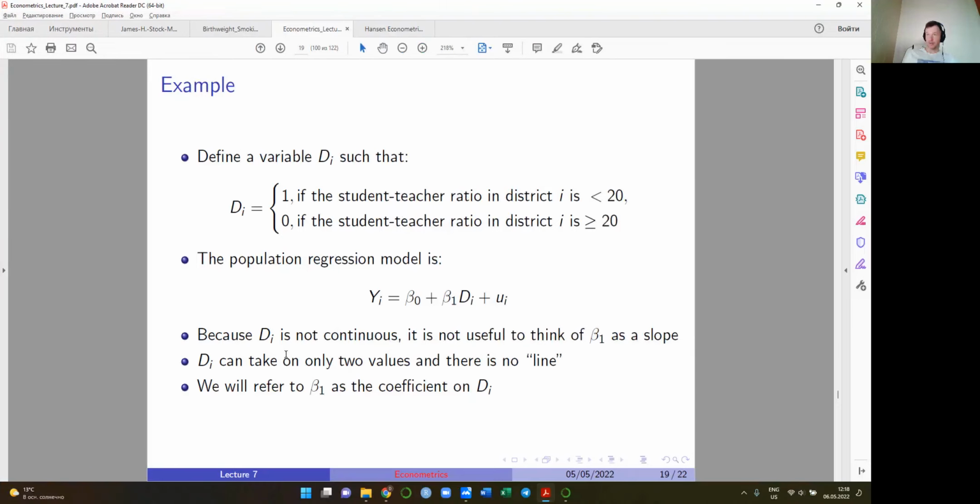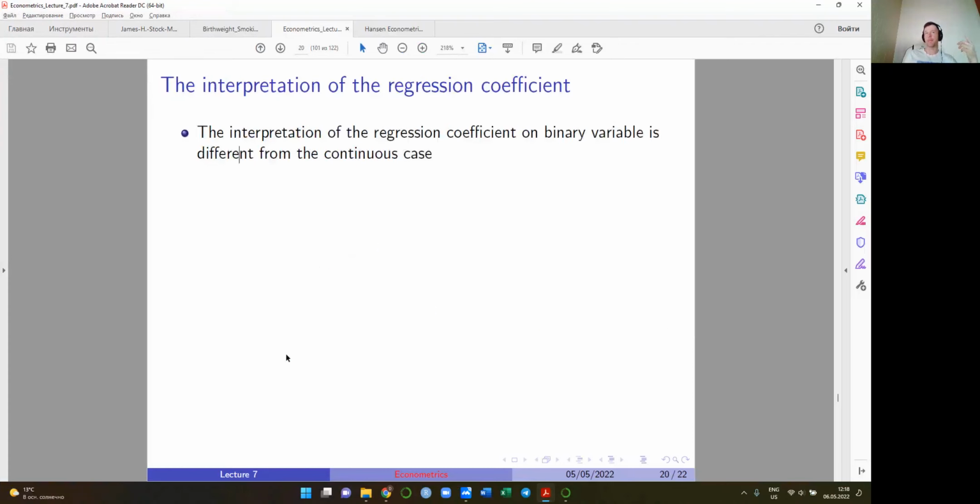What does this mean? If you remember, beta 1 was the change in y when x is changed by 1 unit. Now, what does beta 1 mean if we are talking about the binary regressor?